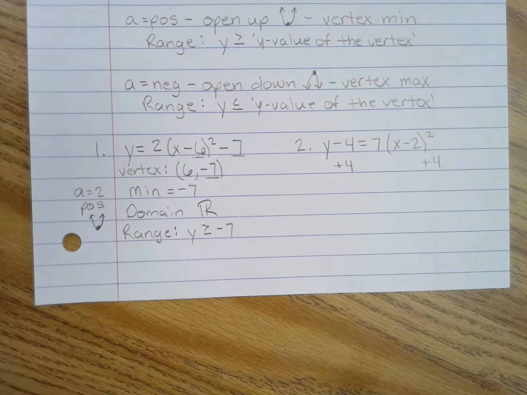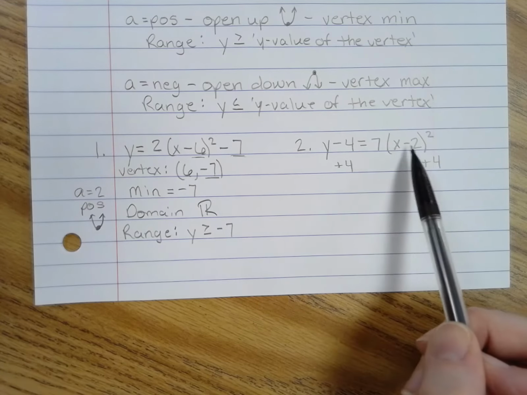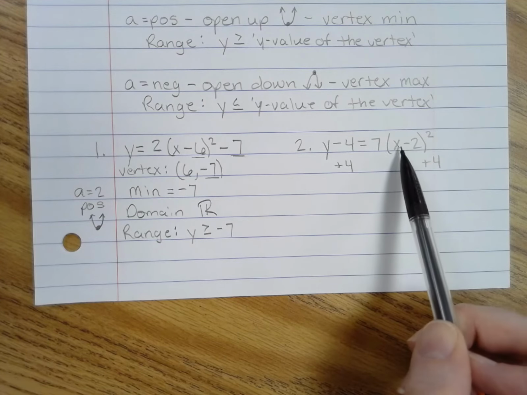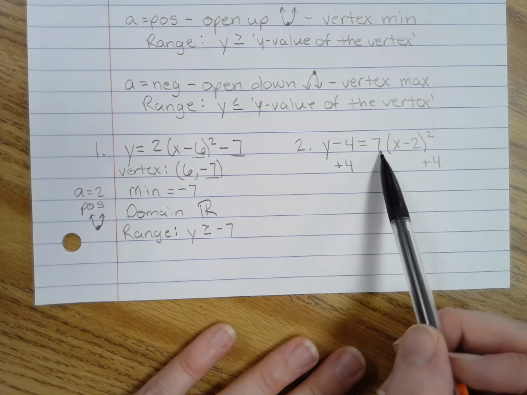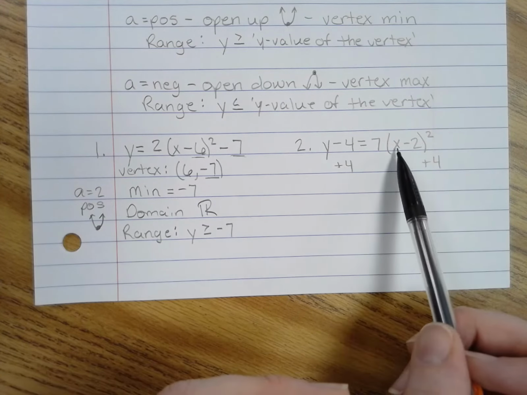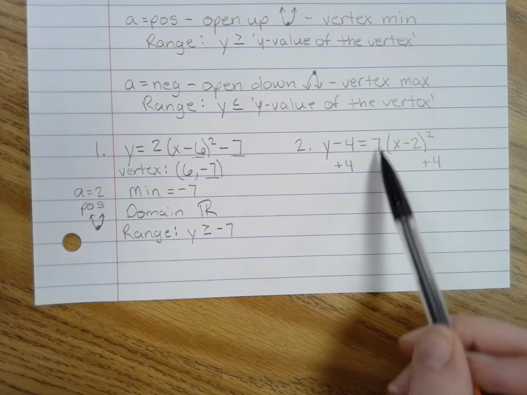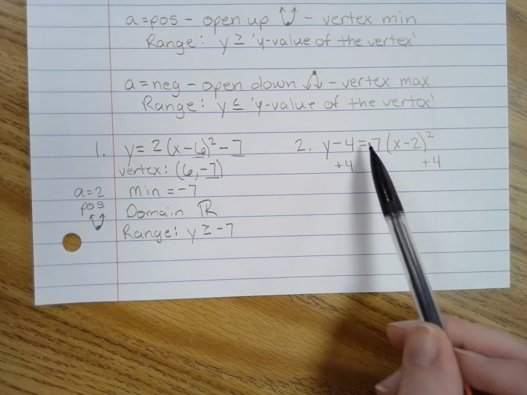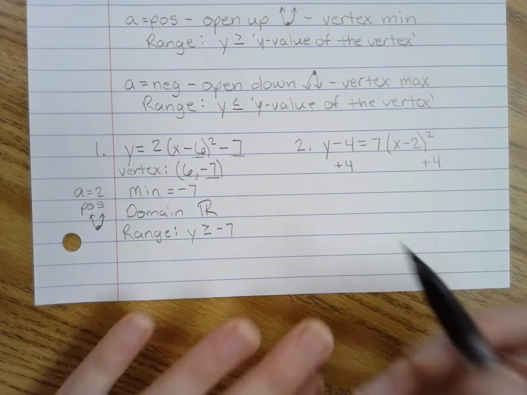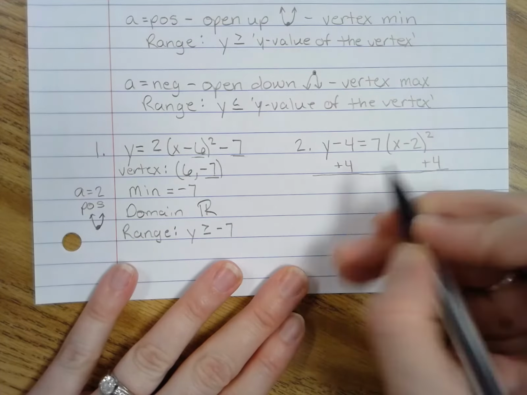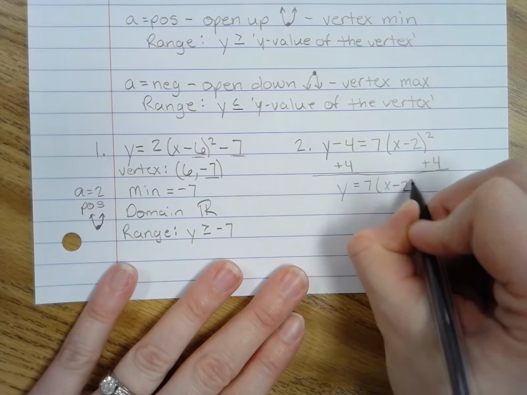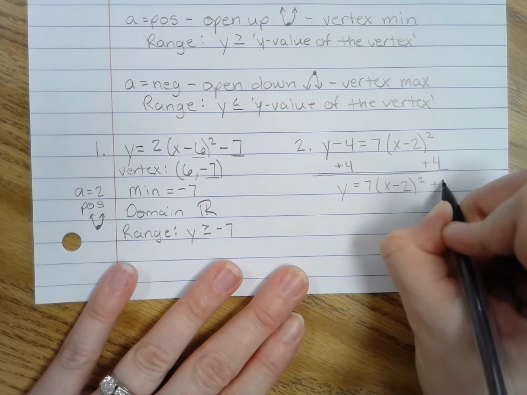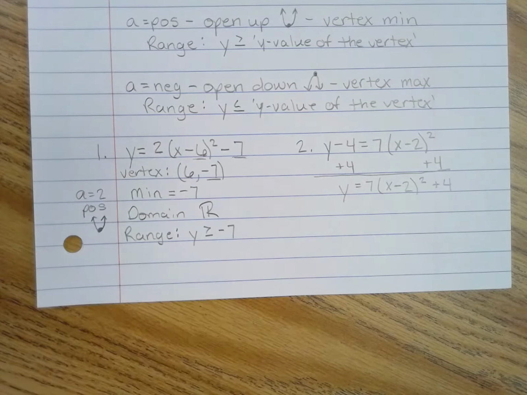That 7 is an a value that is multiplied with this parentheses that's squared. So in order to be able to add the 4 to that 7, it would have to have an (x minus 2) squared. So you can think about these as not like terms, in the case of being able to combine them. So when we solve for y, we get y equals 7 times (x minus 2) quantity squared, and then we'll just tack on the plus 4 at the end. And that will serve as our k value when we're naming our vertex.